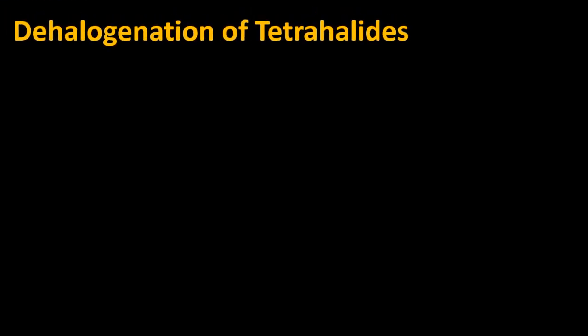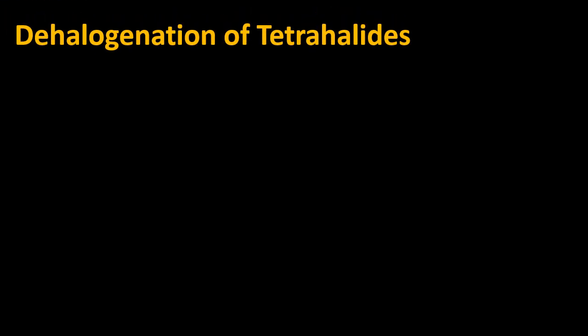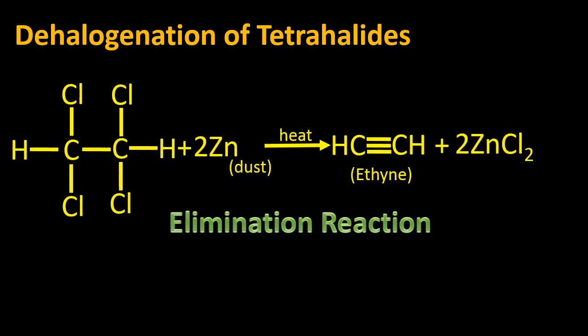While the second method is dehalogenation of tetrahalides. This is a tetrahalide having 4 halogens, 4 chlorines attached to it. These 4 chlorines will be removed and form bonds with zinc, changing into zinc chloride.